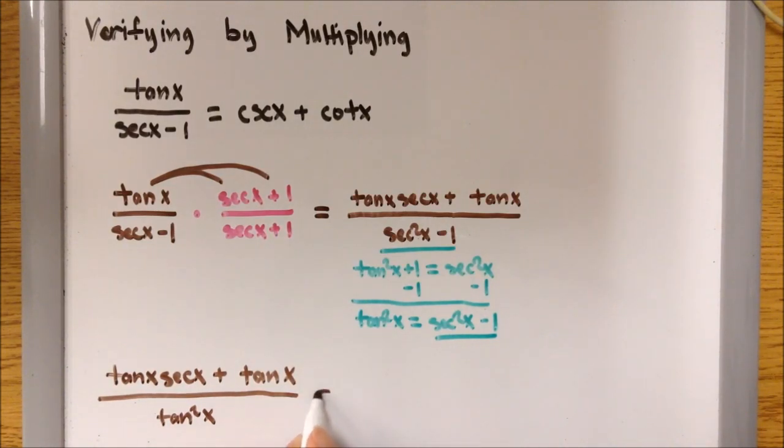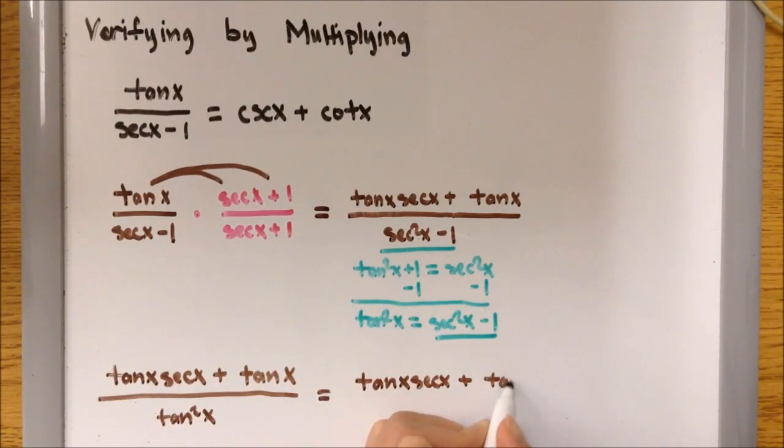So I'm going to rewrite the bottom. The numerator will stay the same: tangent of x, secant of x, plus tangent of x, over, instead of tangent square x, I will write it twice, multiplying each other. So tangent of x times tangent of x.